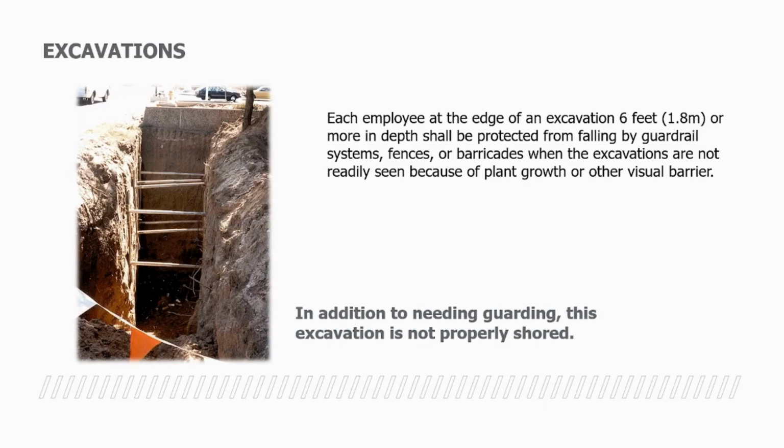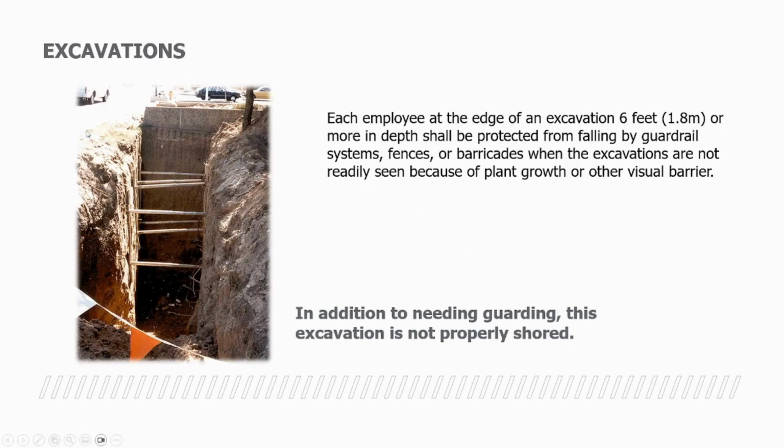Excavation. Each employee at the edge of an excavation 6 feet or more in depth shall be protected from falling by a guardrail system, fences, or barricades when the excavations are not readily seen because of plant growth or other visual barriers. In addition to needing guarding, this particular excavation is not properly what? Shored. Okay?